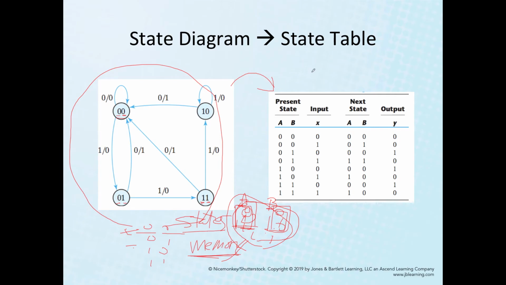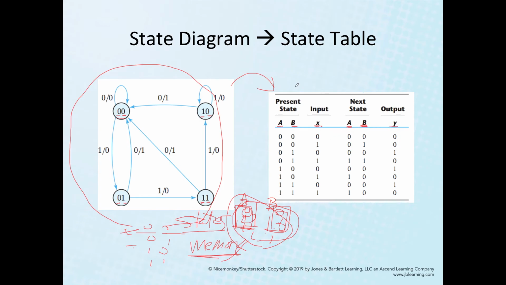For the state table, first figure out and label the flip-flops. A and B represent the bit positions of a state's number, and then add another column for input. We have only one single input. Then the next state: on the next clock tick, what will be the value of each flip-flop? Flip-flop A becomes like this, flip-flop B becomes like that, and then what will be the output?